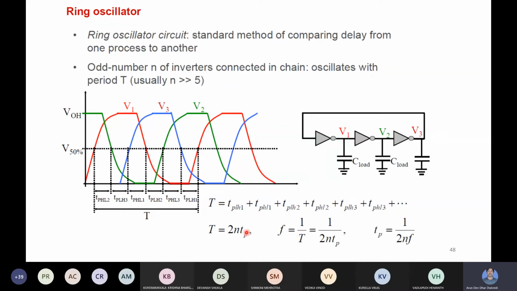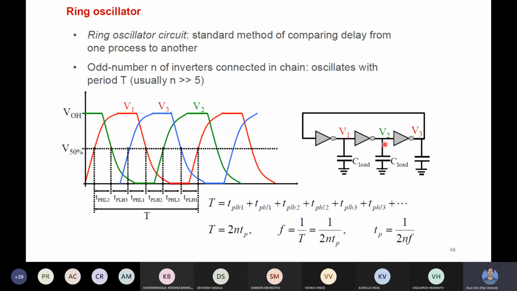We denote a parameter TP. TP means propagation delay, so T is different from propagation delay. For every stage, TPLH1 plus TPHL1 divided by 2 is the propagation delay for one stage. So we consider that as TP.